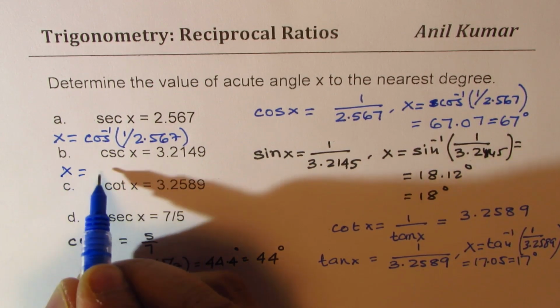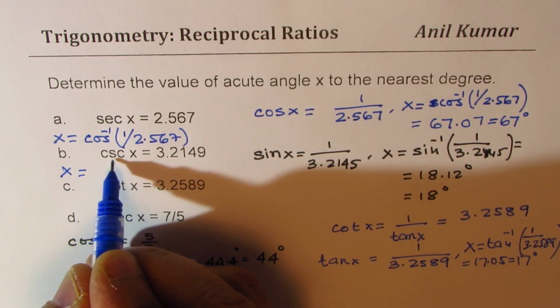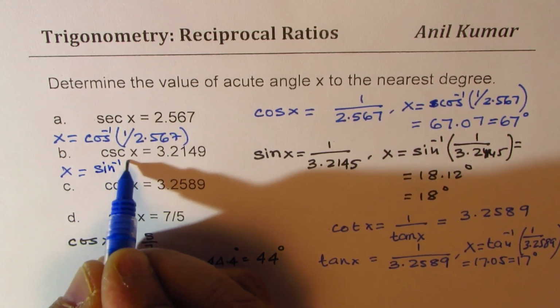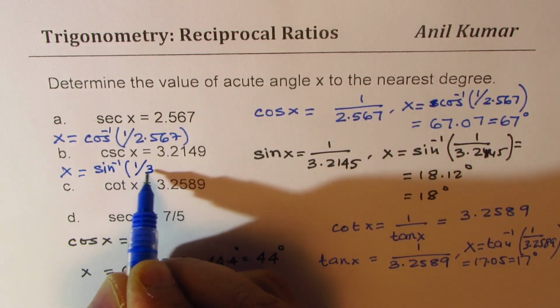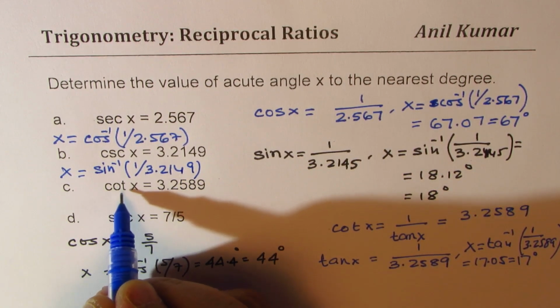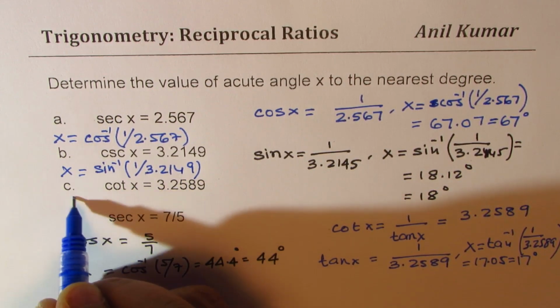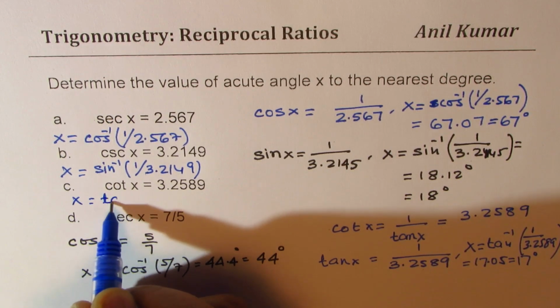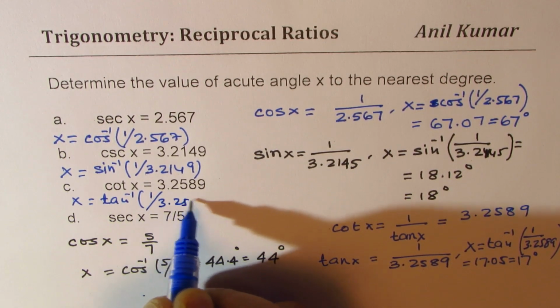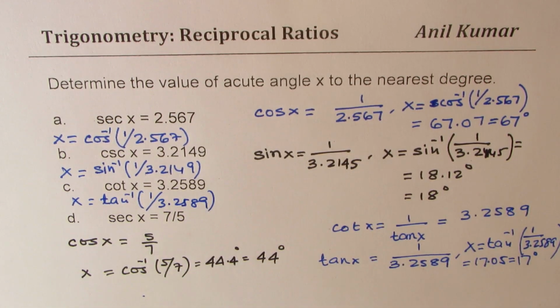For cosecant, the reciprocal of sine, we use sine inverse of 1 over 3.2149 and get the answer. For cotangent, the reciprocal of tan, x equals tan inverse of 1 over 3.2589. Perfect. So that is how easily you can always find these answers.